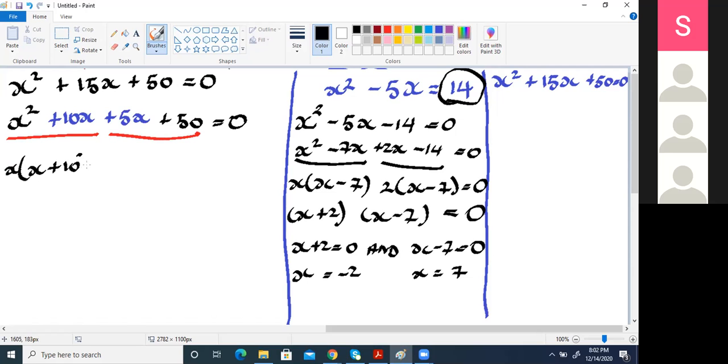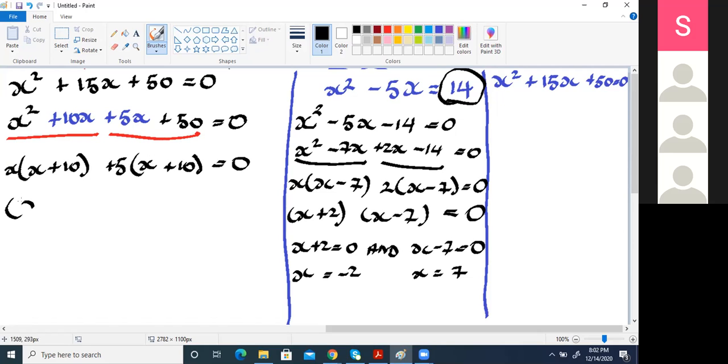Plus 10. And then what's the factor for the second pair? Positive 5. Positive 5 into 5x gives positive x. Positive 5 into 50 gives then positive 10. Great. Good.